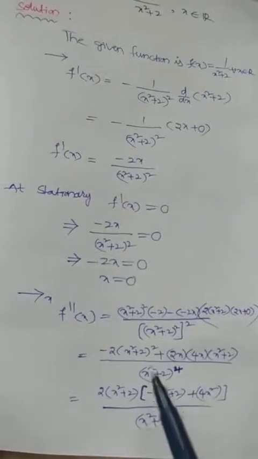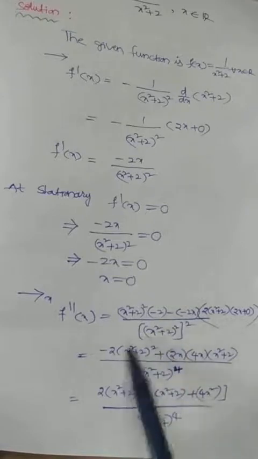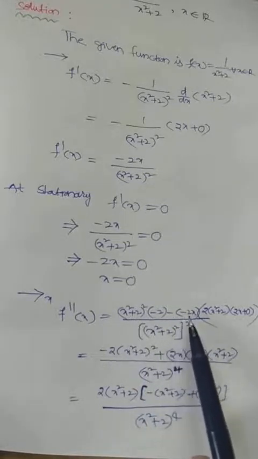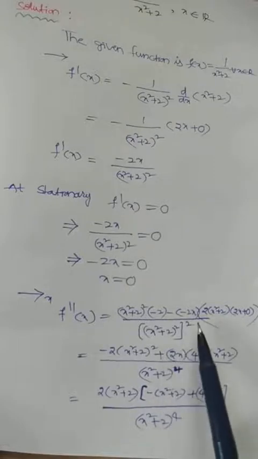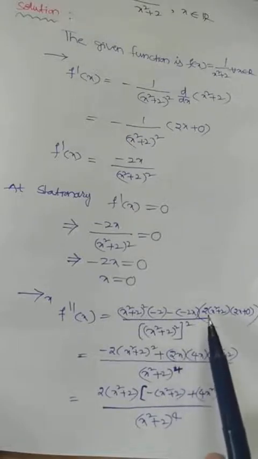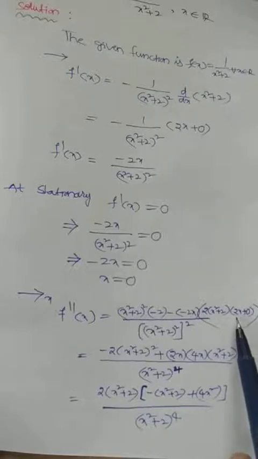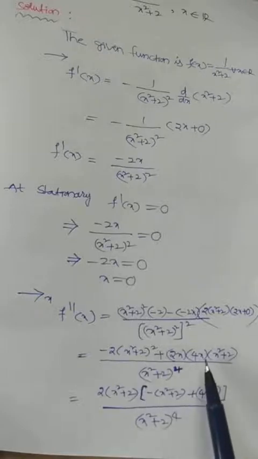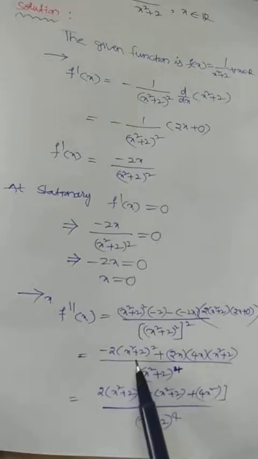Now minus 2 into x square plus 2 whole square it is. Minus of minus, it is plus 2x. 2 into this 2x means 4x. Remains x square plus 2 again here. So in these two terms I am taking common 2 into x square plus 2.